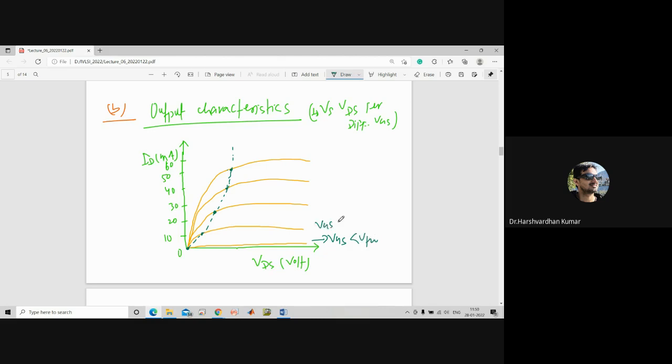Here let us say VGS is equal to 1 volt. Here let us say VGS is equal to 3 volt. Let us say VGS is equal to 5 volt. And let us say here VGS is equal to 7 volt.